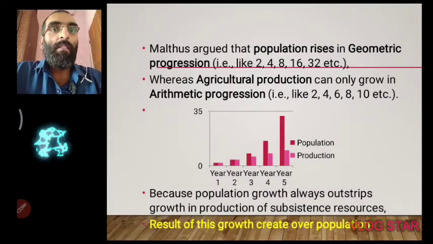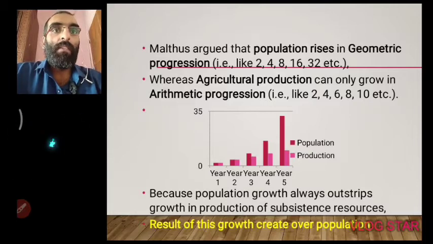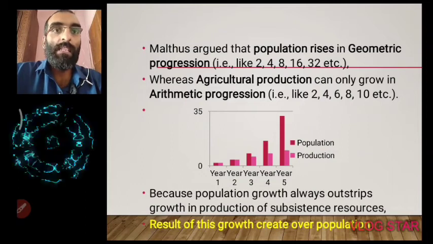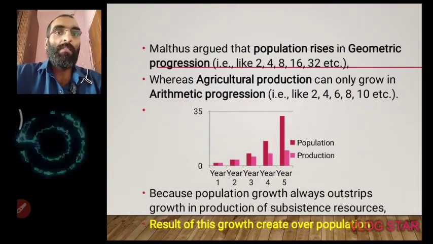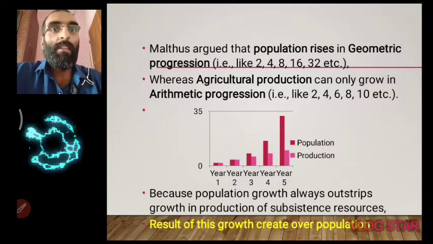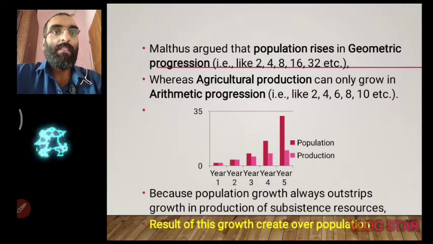So we can see that Malthus argued that population rises in geometric progression, as we already saw, 2, 4, 8, 16, 32, whereas agricultural production can only grow in arithmetic progression like 2, 4, 6, 8, 10.